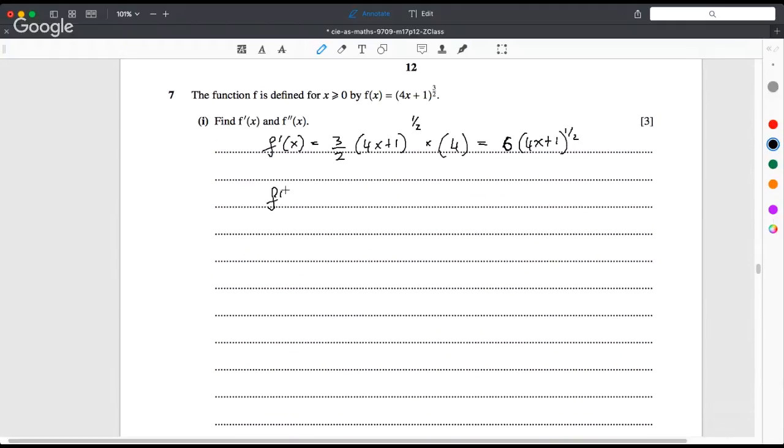And then we do exactly the same thing again, but we now do it to this. A 1/2 comes down, giving 3 times 4x plus 1 to the minus 1/2, multiplied by the derivative of what's inside, which is 4.